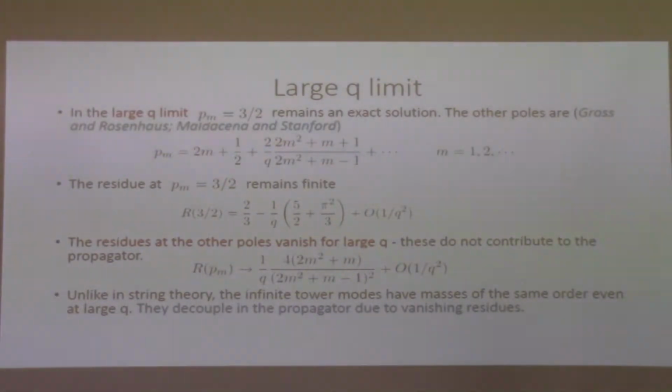It happens because if you take the original model, it's still true there are an infinite number of modes. However, the residues of the poles of all the modes go to 0 in the large q limit except one of them. And for the comment I made about the 3-point function, what that means is that most of these OPE coefficients go to 0 in the large q limit, and the only one that survives is the one at p equal to 3/2.